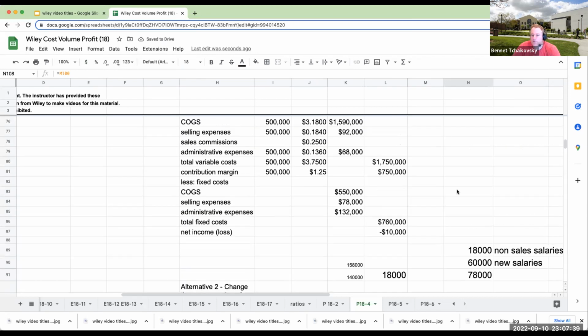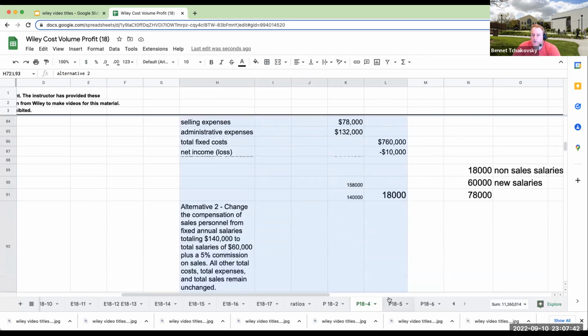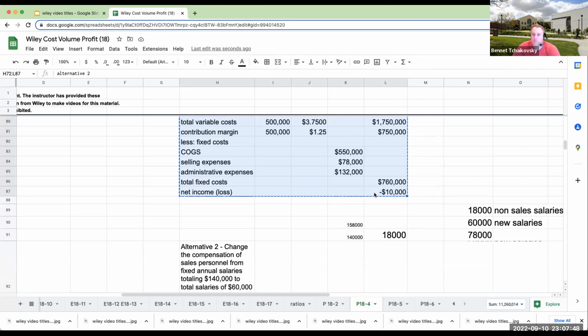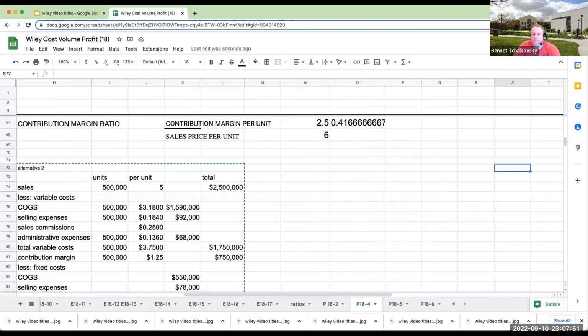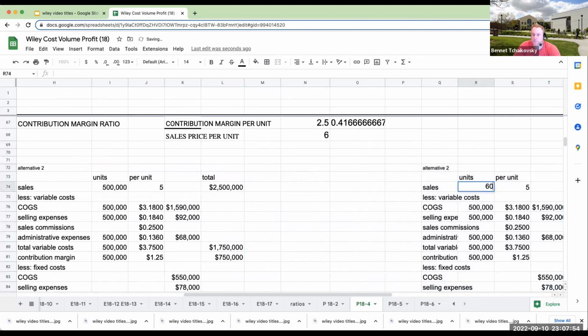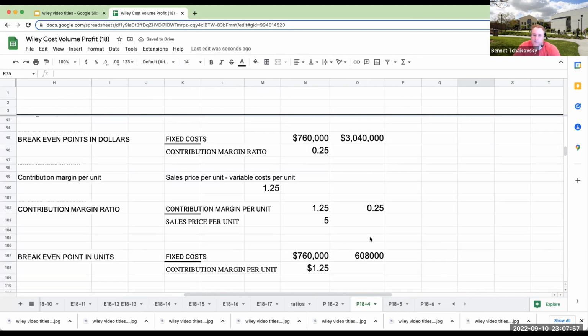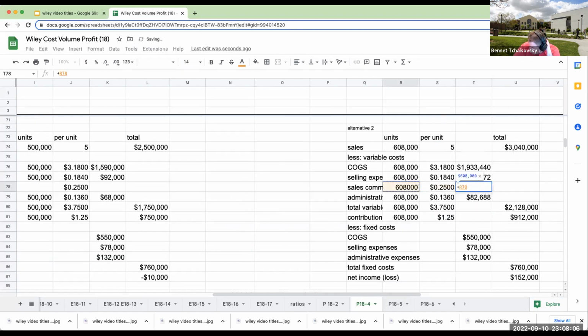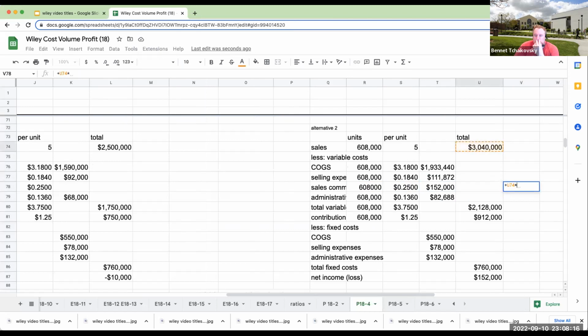Okay. So if I'm now selling under alternative 2, if I'm now selling 608,000 units, my new total variable costs are going to be 2,280,000.